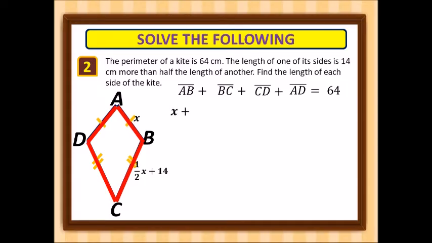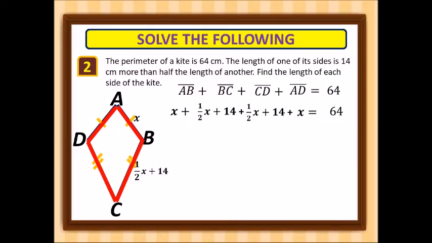BC is equal to 1 half of x plus 14. Now CD, since it's congruent to BC, is the same as 1 half of x plus 14. And AD, since it's congruent to AB, is the same as x. Now we copy 64.